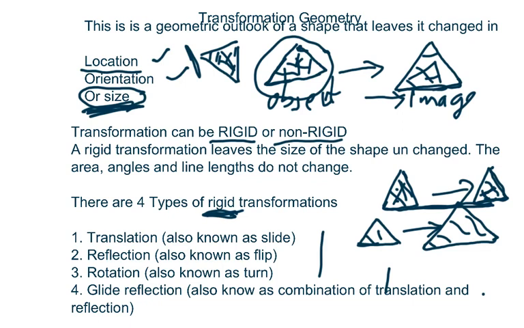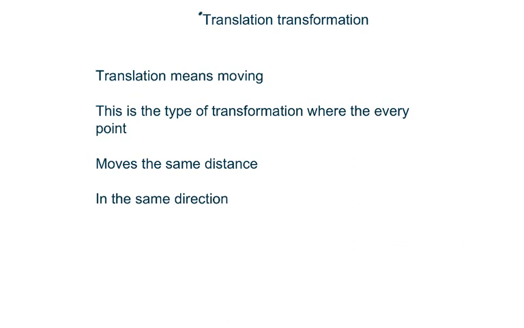So let us look at what we're going to talk about today, which is a translation. To translate in mathematics basically means moving. In other words, a translation transformation is a moving transformation.